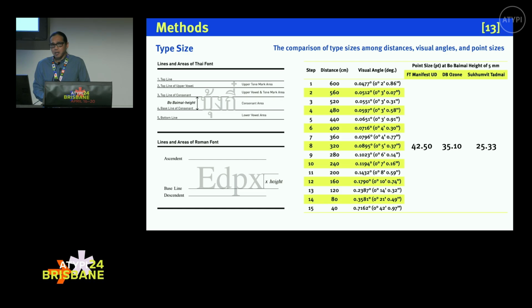The visual angle is the real size that the eye perceives, so the visual angle can vary by the size of the object and the viewing distance.